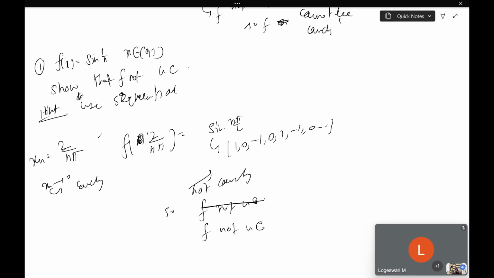Sorry, I forgot what I was going to say, please don't mind. For this reason, it's not uniformly continuous. We chose the sequence 2/(n pi) and observed that it is convergent.